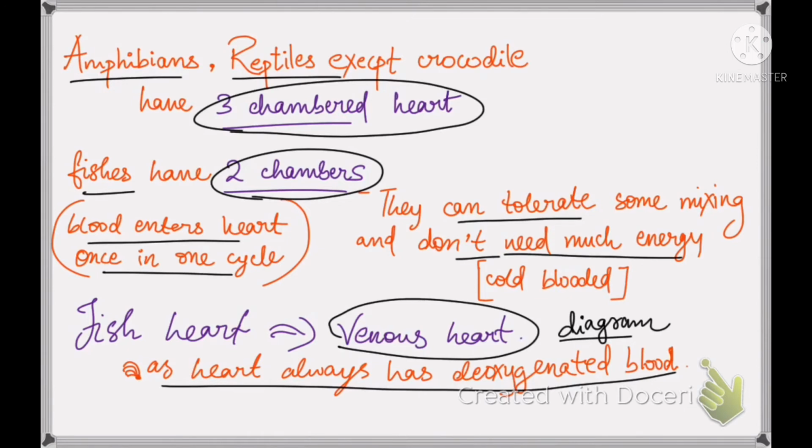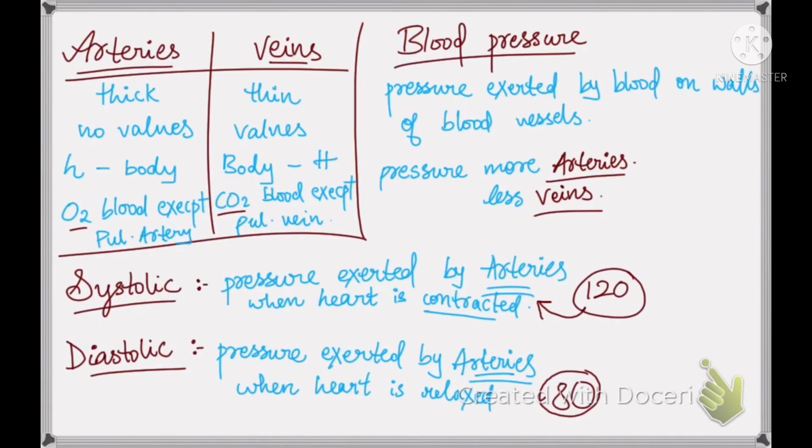So these are the two major types of blood vessels that are found in our body. The major differences between them are that arteries have thick walls whereas veins have thin walls. This is because when the heart pumps the blood into the arteries, arteries have to transport this blood to all the body parts, so they need more.